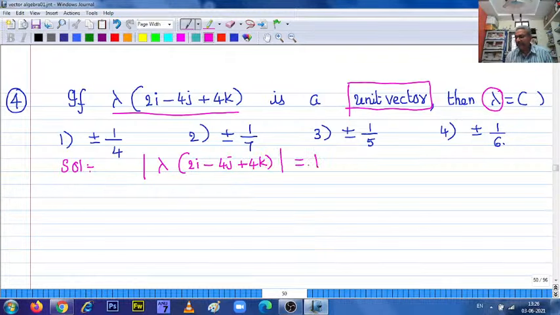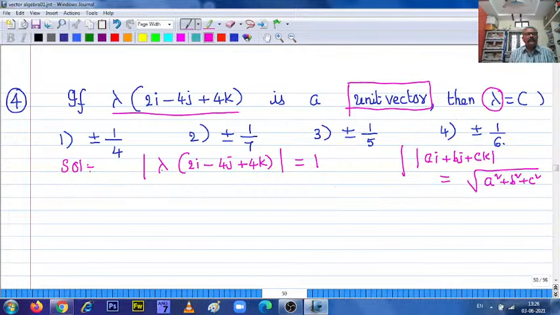1, unity. So my dear students, yes, 5 or 6 marks, absolutely correct. Modulus of ai plus bj plus ck equals root of a square plus b square plus c square. This is the modulus of any vector.